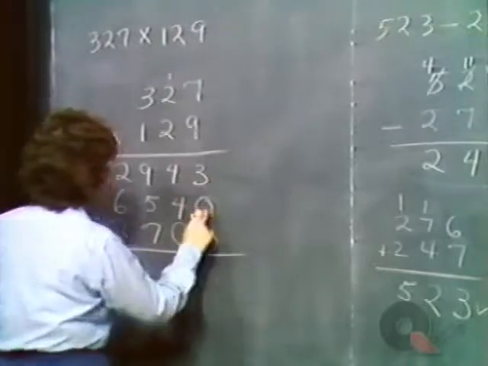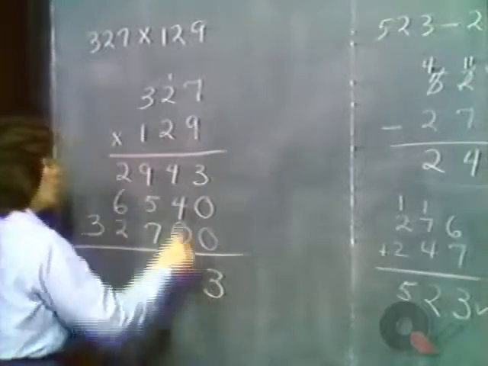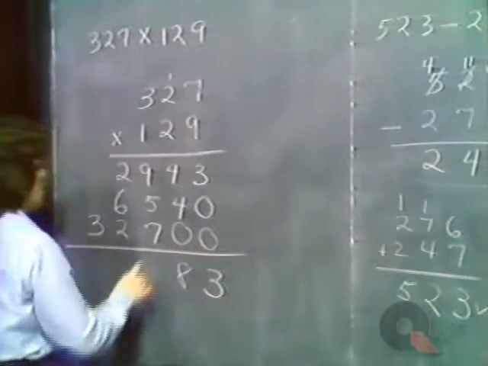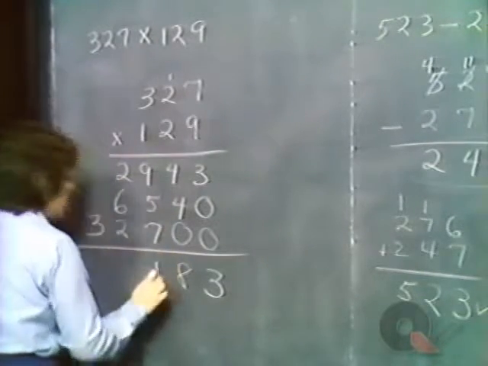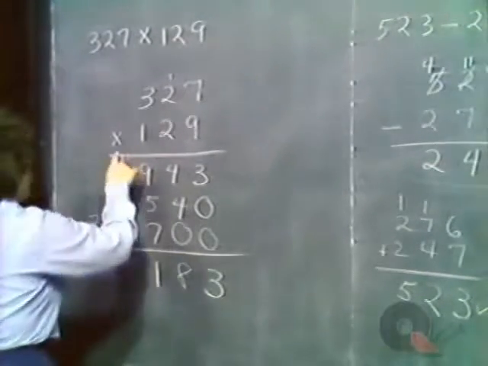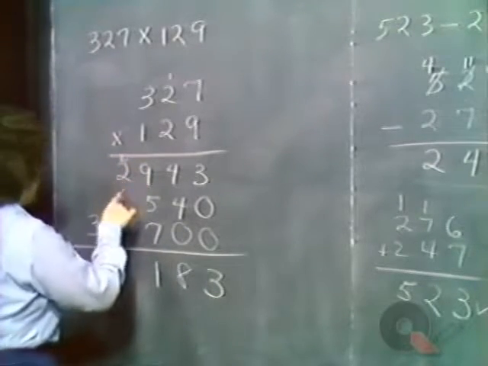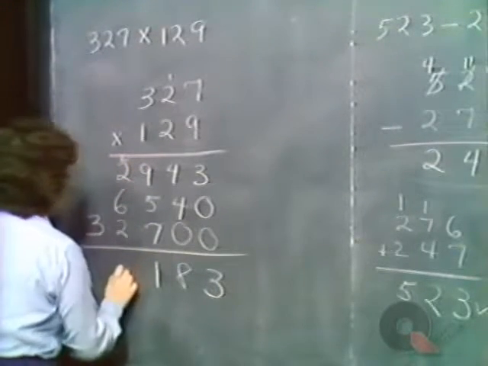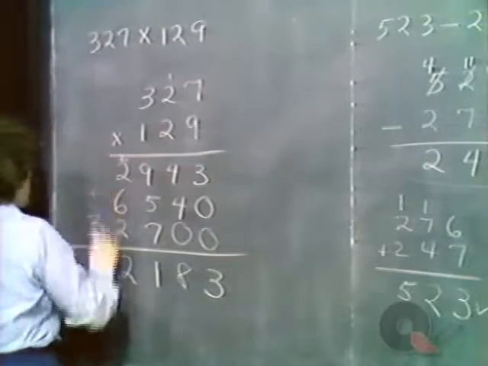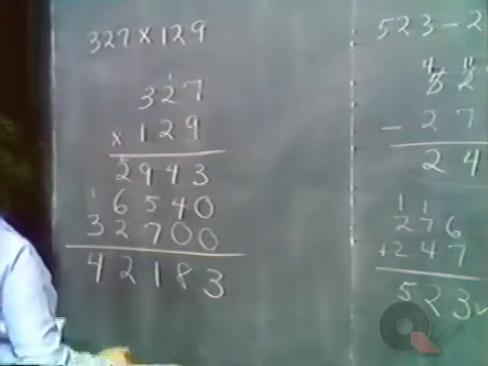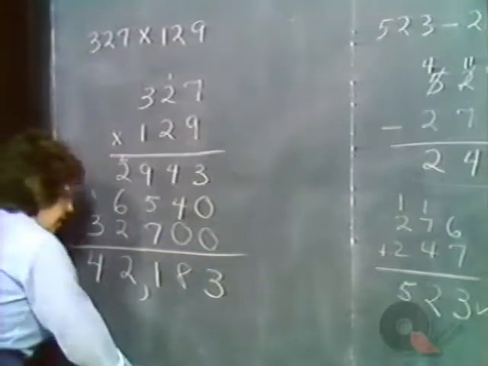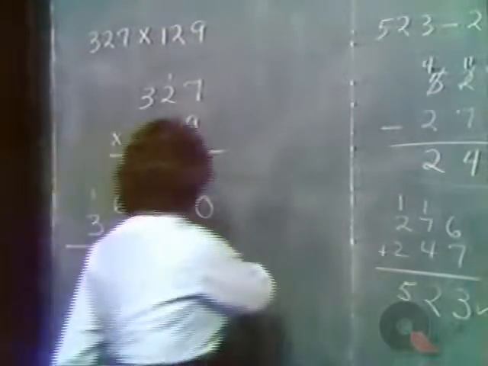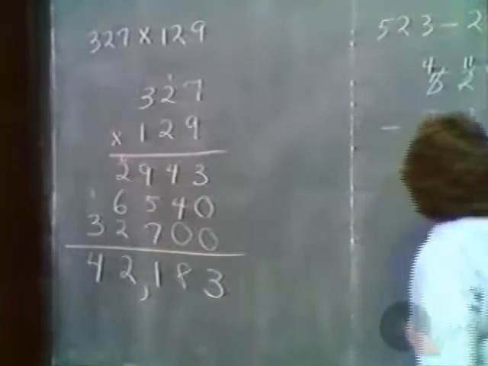We will get 3 plus 0, that's 3. 4 plus 4, that's 8. 9 plus 5, 14, and 7, 21. Put down the 1, carry the 2. 2 plus 2, 4, and 6, 10, and 2, 12. Put down the 2, carry the 1, 3 plus 1, 4. So 42,183.